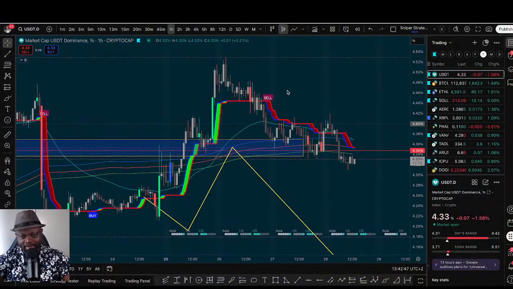Now, let's dive into this. Before I even go there, let me explain to you guys what USDT dominance is. When you see dominance going up in value, it means investors are converting their cryptocurrency into stablecoins, like USDT or USDC or any other stablecoins out there.